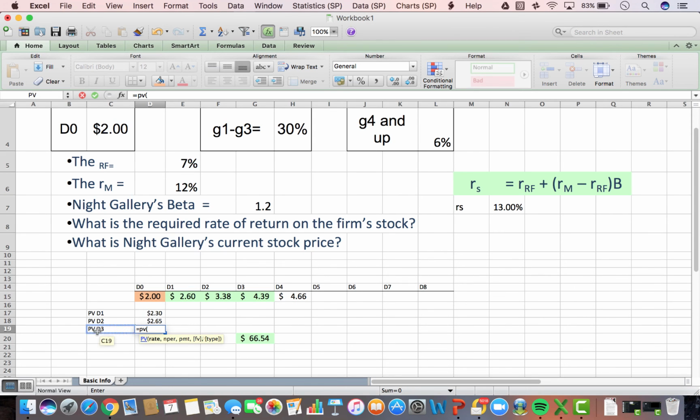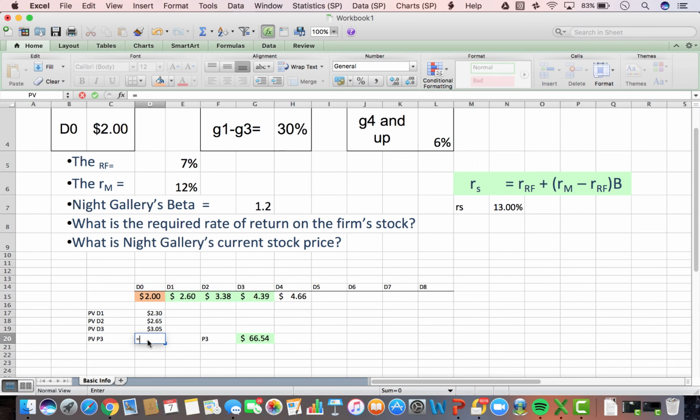Now I'm going to get the present value of the dividend of year 3, which is going to be PV, you guessed it, 13%, 3 periods, no payment, and I'm going to put the minus right away, dividend 3, the G15 in this case. And finally, I want to get the present value of P3, the price that I would get if I sell this, in time 0.